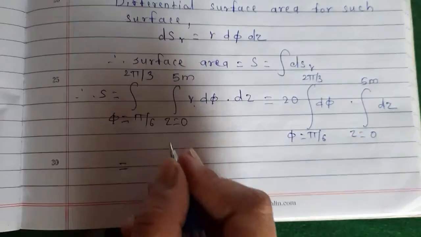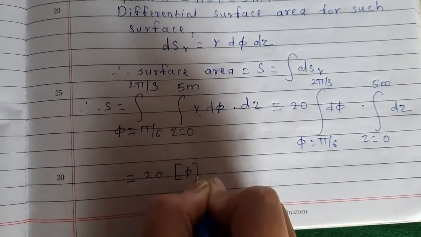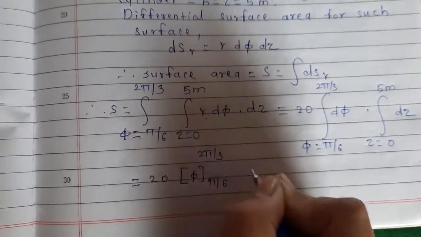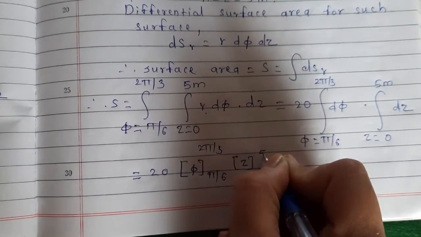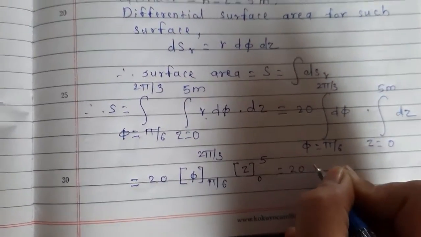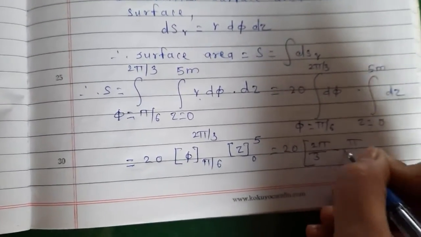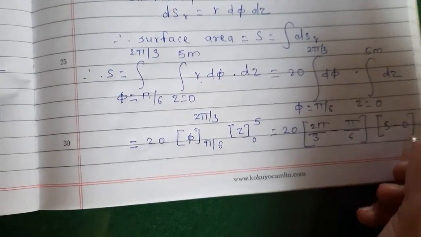So this is 20 times phi from pi by 6 to 2 pi by 3, and z goes from 0 to 5, that is 20 into the bracket 2 pi by 3 minus pi by 6 into 5 minus 0.